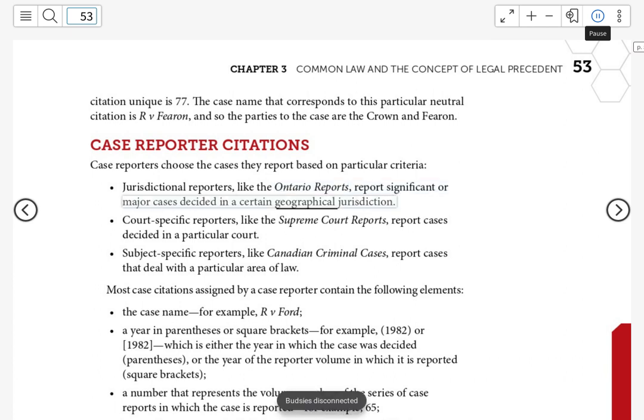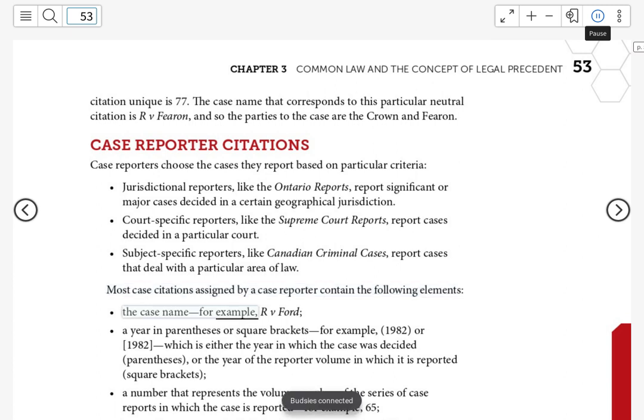Case reporter citations. Case reporters choose the cases they report based on particular criteria. Jurisdictional reporters, like the Ontario Reports, report significant or major cases decided in a certain geographical jurisdiction. Court-specific reporters, like the Supreme Court Reports, report cases decided in a particular court.